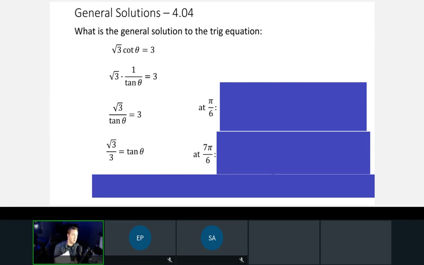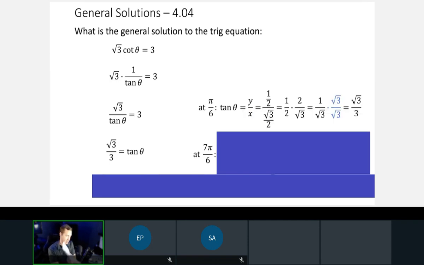And then underneath these blue boxes, I just show my work, validating my answers, of how I got that. So at pi over 6, remember, tangent is y over x, so the y value is a half at pi over 6, and the x value is rad 3 over 2.